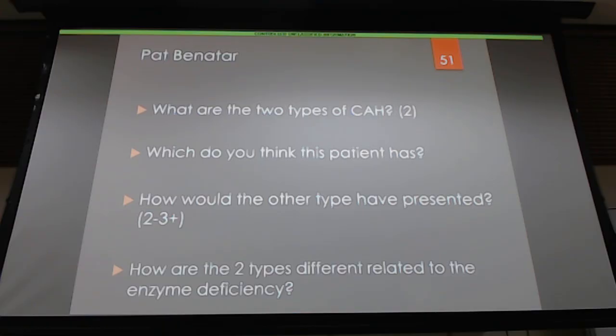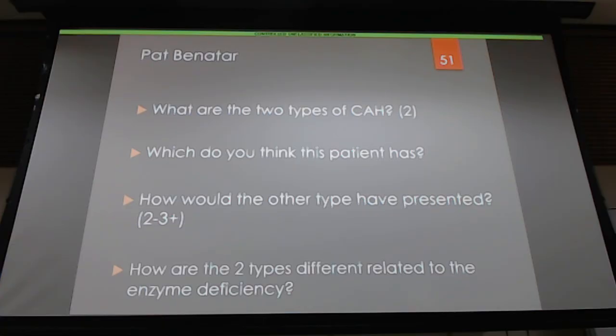Yes, okay. How would classic have presented? If it was classic, they have a complete deficiency in 21-hydroxylase, so they never get to cortisol. How would they present? Would they be younger than this patient?